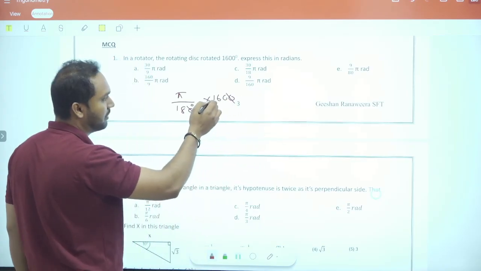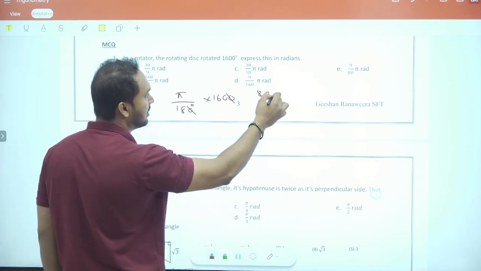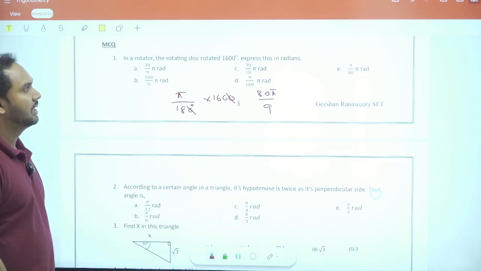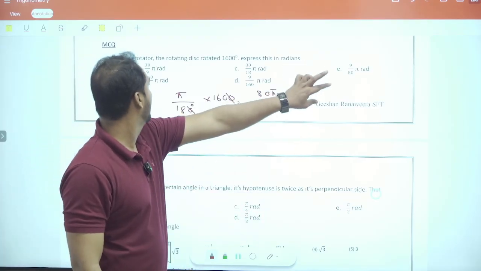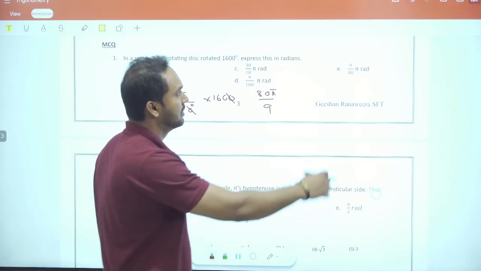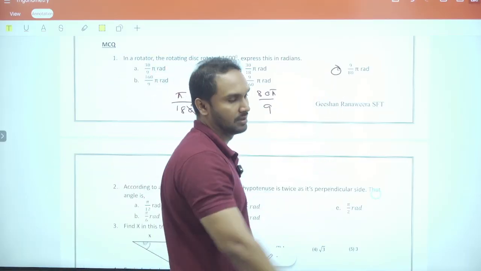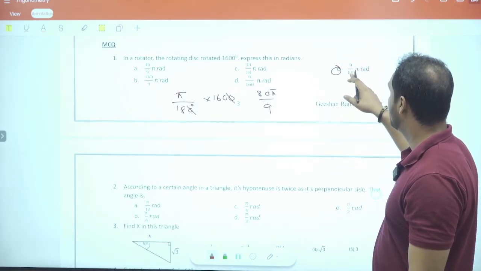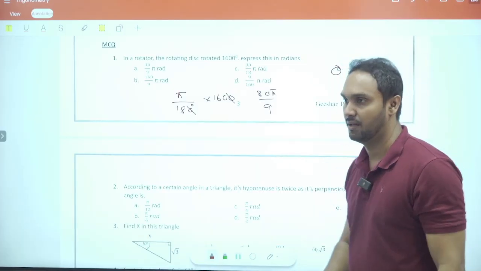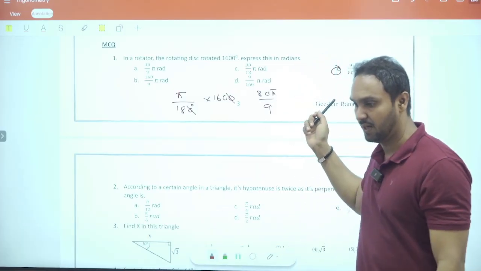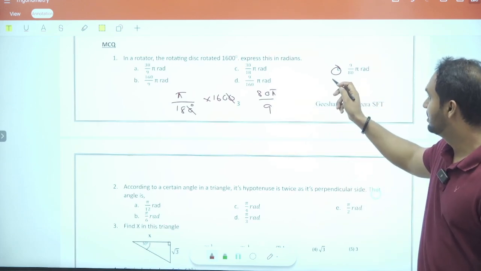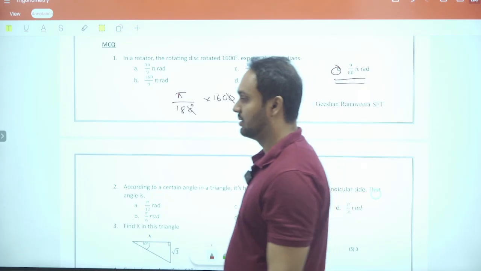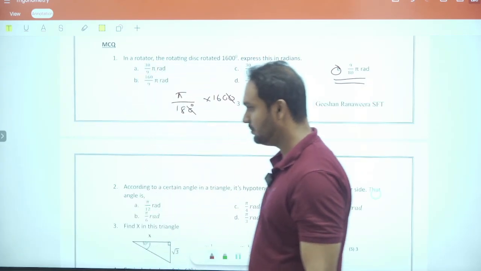If you divide both by 2, that will be 85 over 9. This has been given upside down, so swap it around. That's where the mistake is. It should be 85 over 9. Answer should be this 85 over 9. It was written upside down.